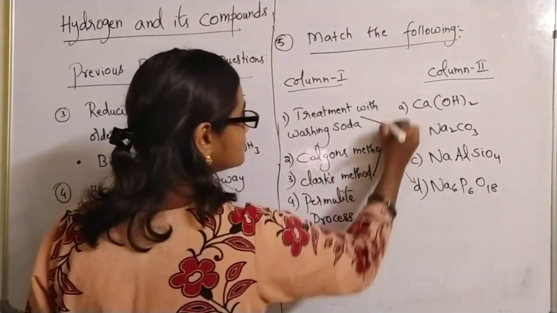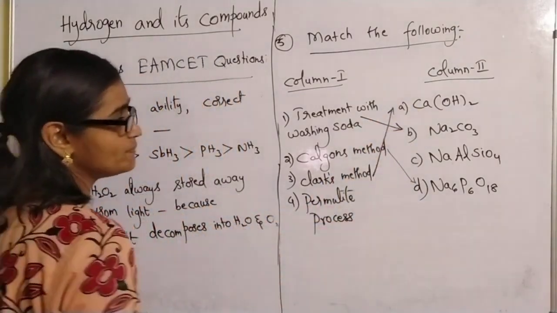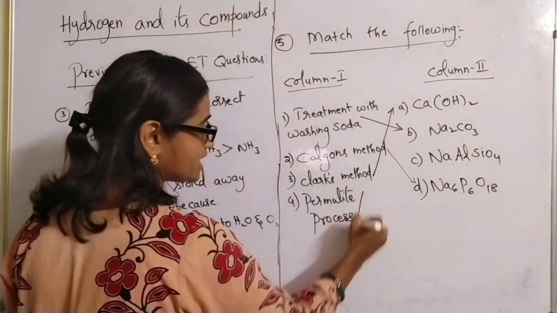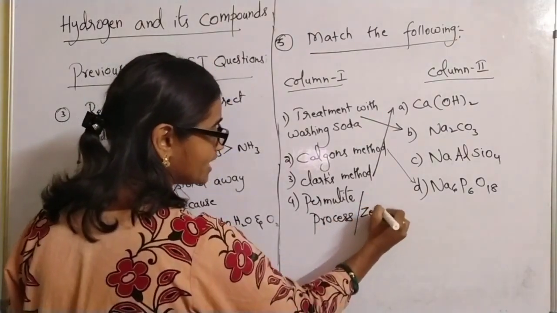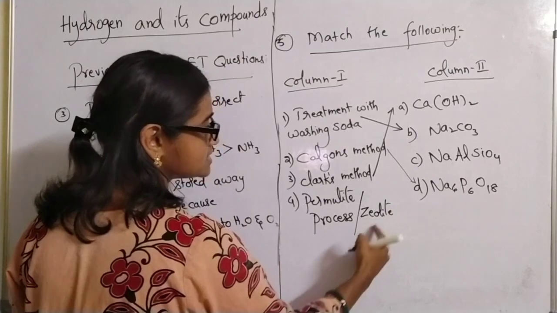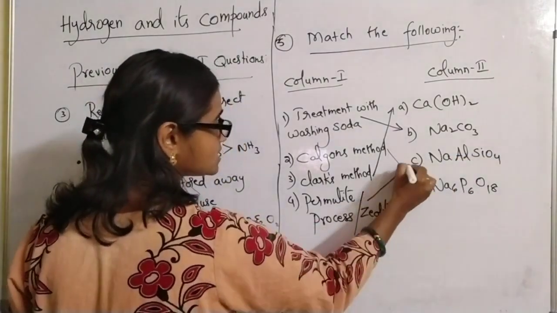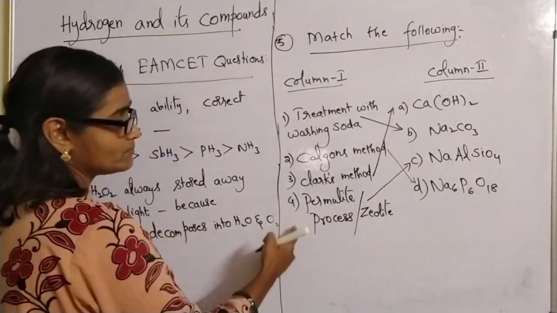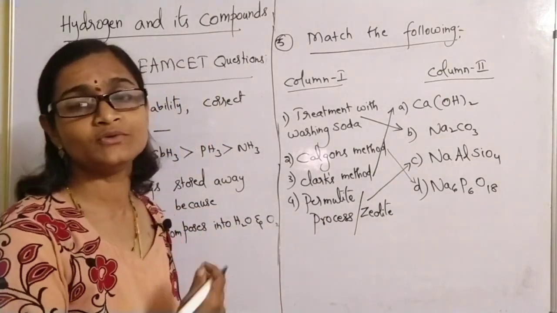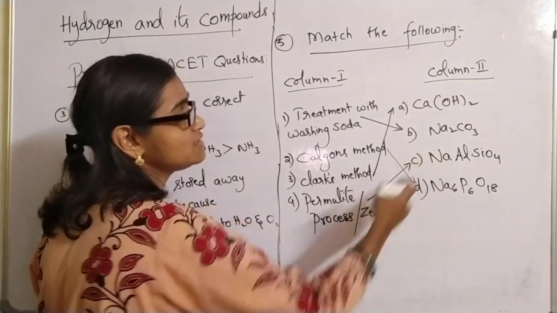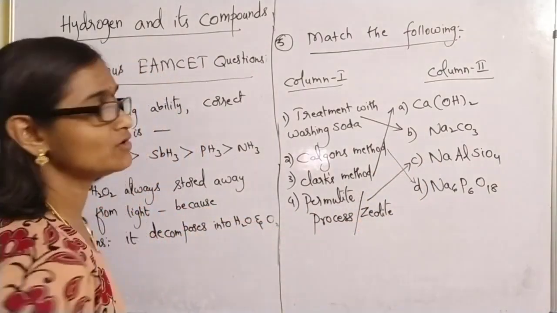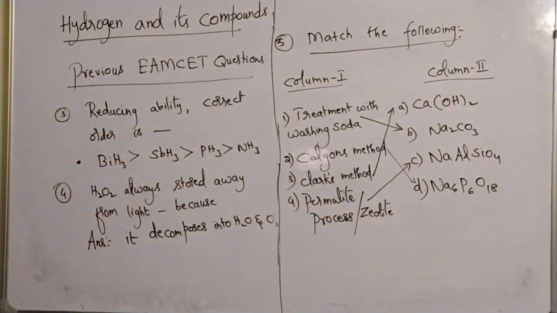And permutit process, this can even be given as zeolite process. Sodium aluminum silicate you call zeolite. To remove hardness of water you will use even sodium aluminum silicate. So like this you have to do match the following.